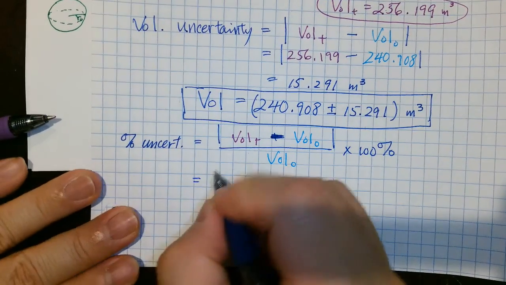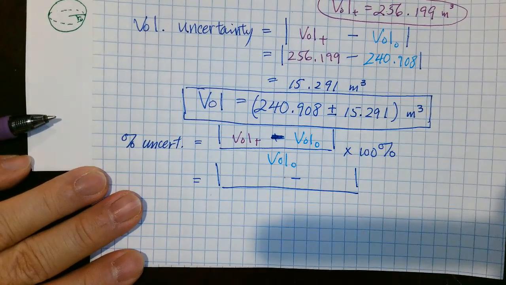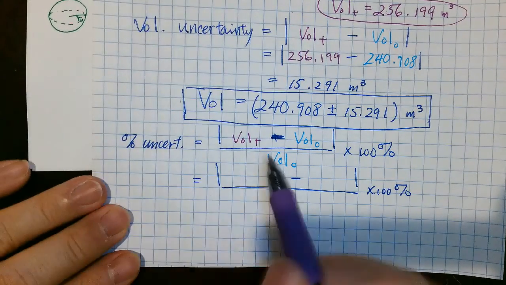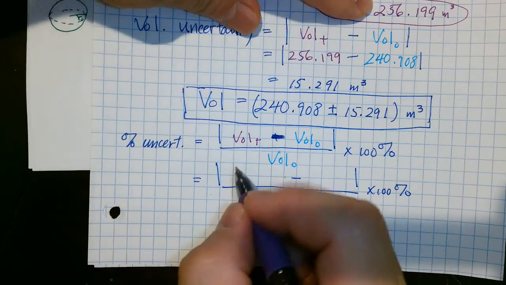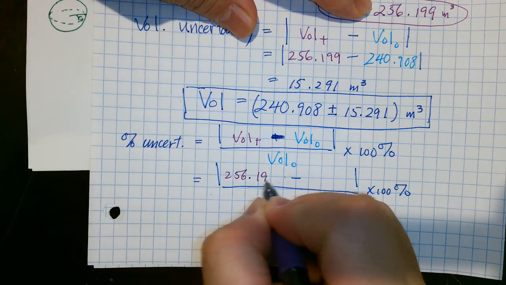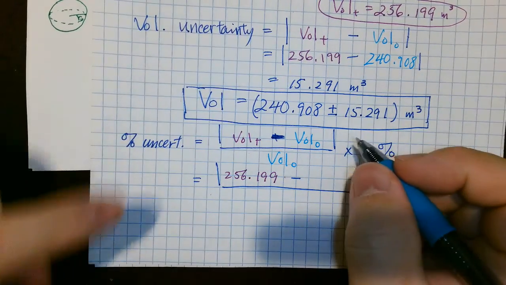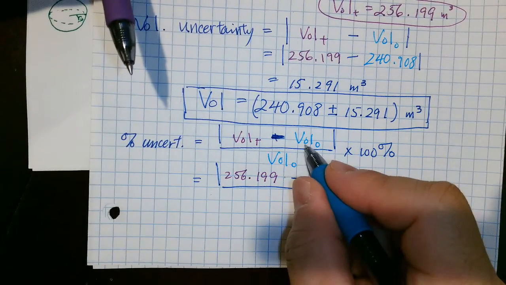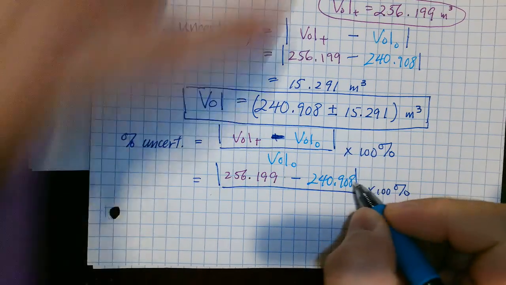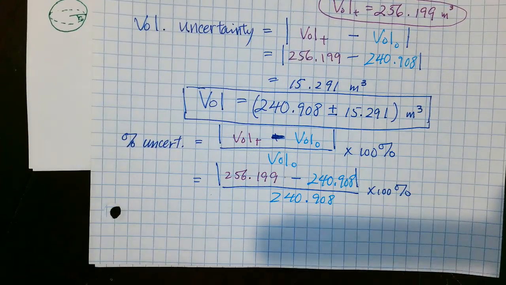Therefore, volume plus is 256.199 minus volume naught, which is 240.908, divided by 240.908.